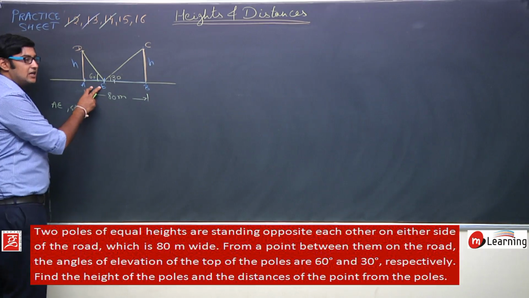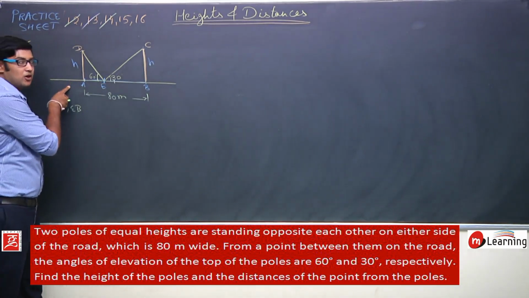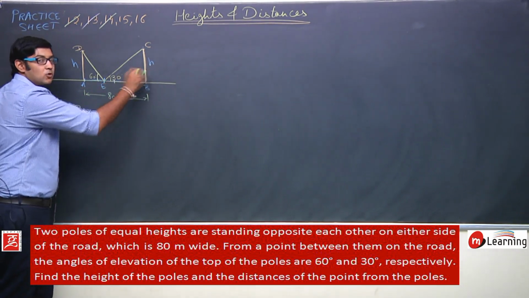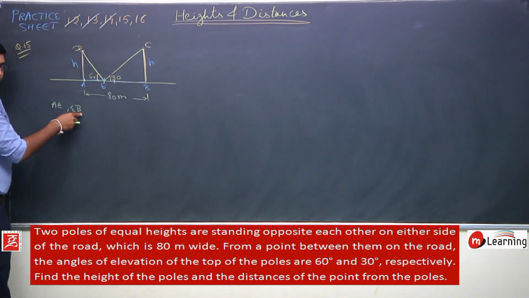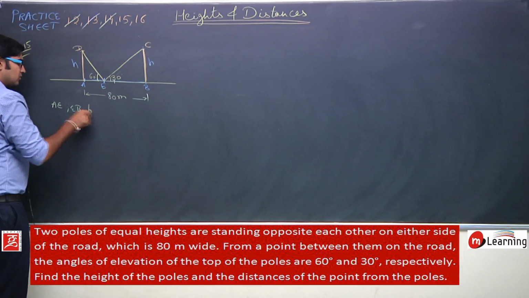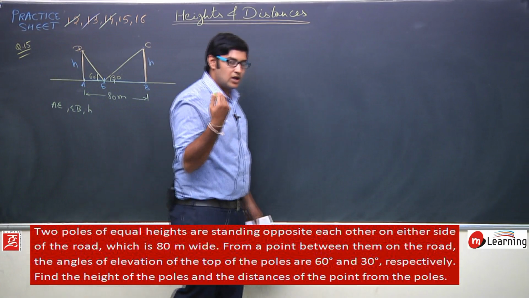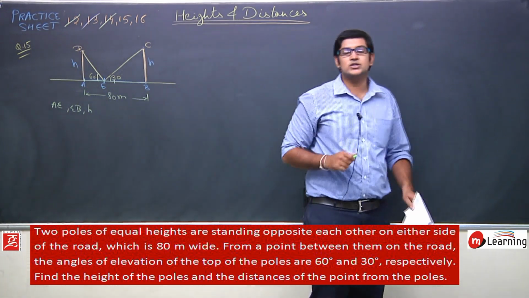AE represents the distance of this point from this pole, and EB represents the distance of this point from the other pole. So these are the unknown quantities that we have.